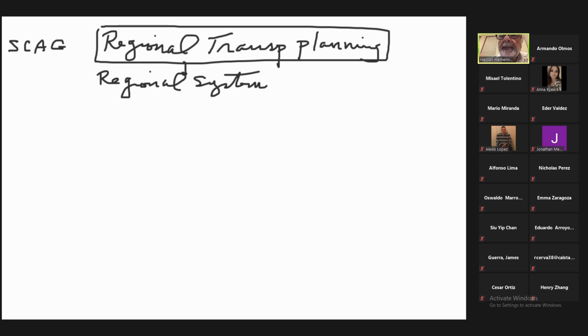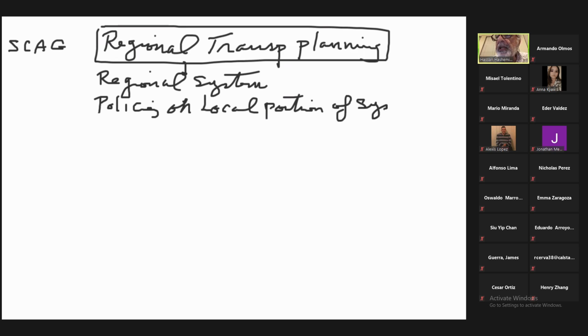Again, they're looking at the policies on the local portion of the system. So pretty much they look at what Southern California needs, what type of system we should build, and what we are supposed to do with regard to the policies and so on.